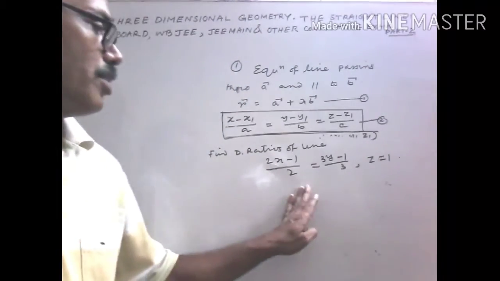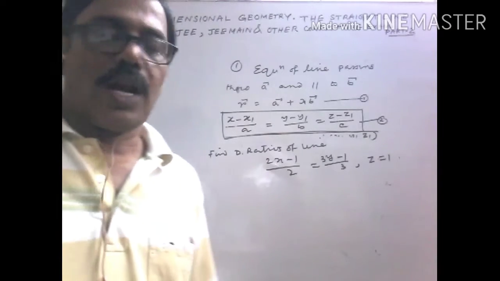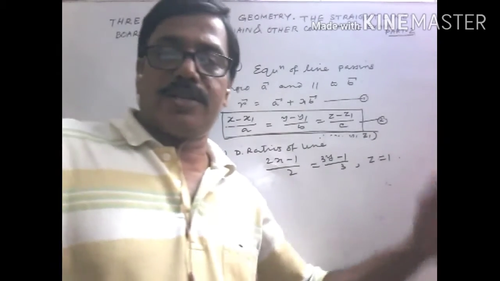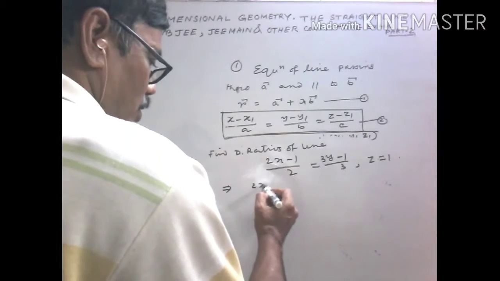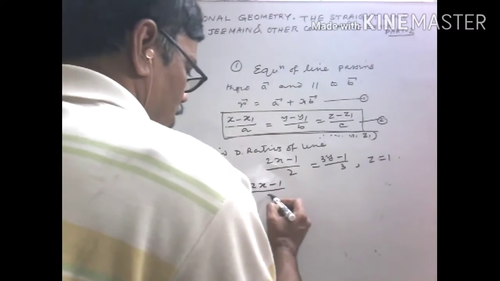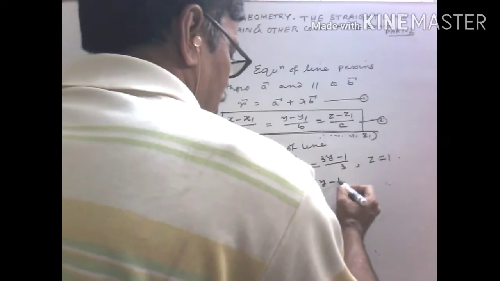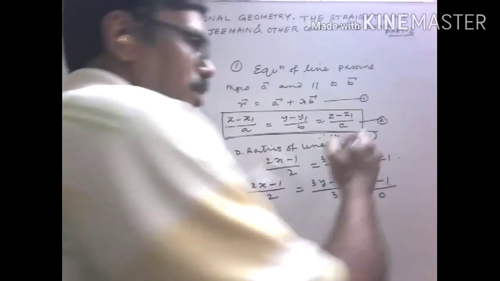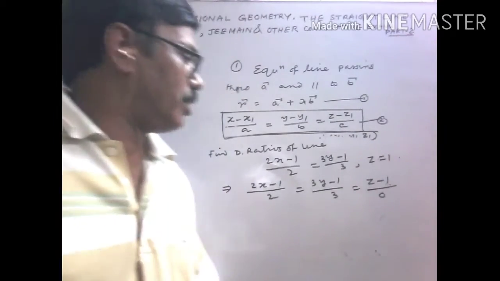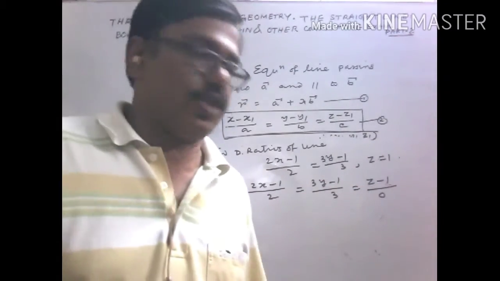Now this is not in standard form. Our main aim will be to put in standard form. So in this case, we write this equation in this form. So without changing meaning, we can write it in this form, (z minus 1) by 0. If it is in comma form, then we write it as (z minus 1) by 0.